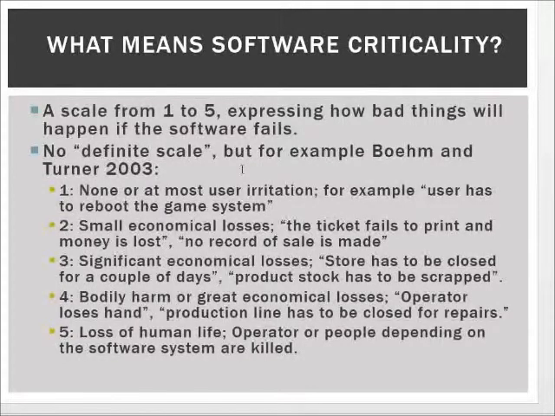It means simply that small economic losses are happening to the customer, but nothing catastrophic or even significant. This means sales like a bus ticket or railway ticket or electronic game or some in-app purchase or something like that.